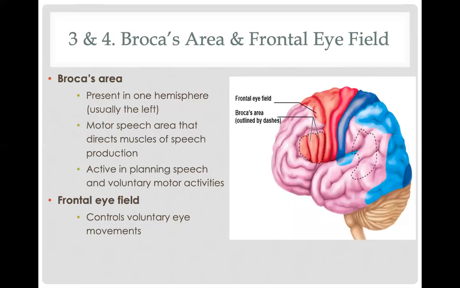So in most people, if you're right-handed, the Broca's area would be on the left. Again, the whole concept of contralateral. It helps you create speech by dictating the muscle movements that create speech, basically.